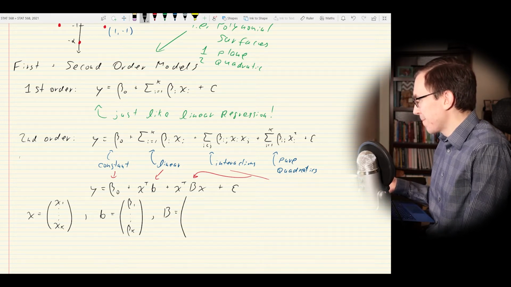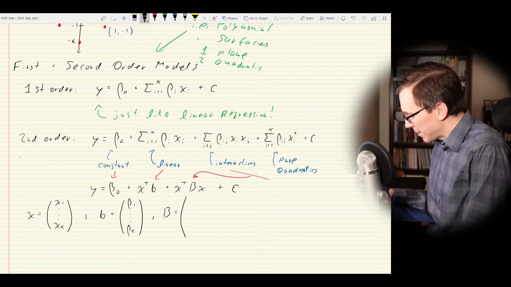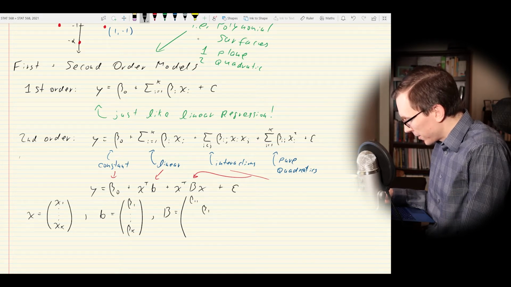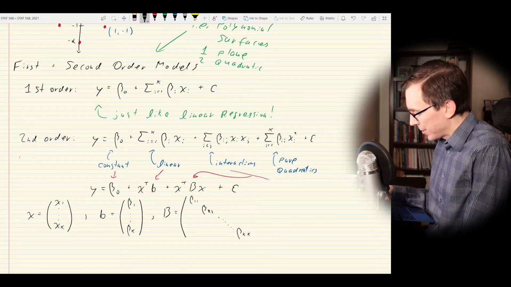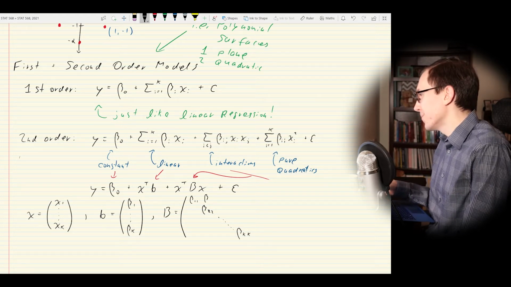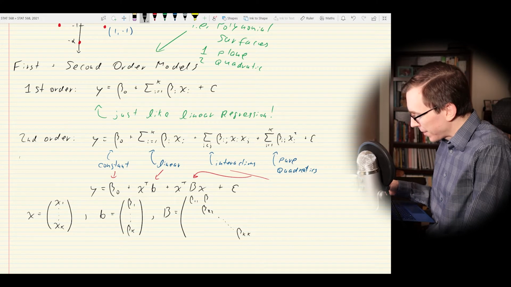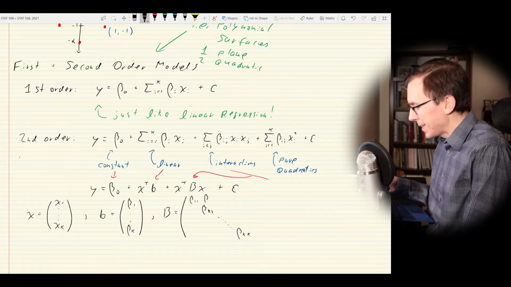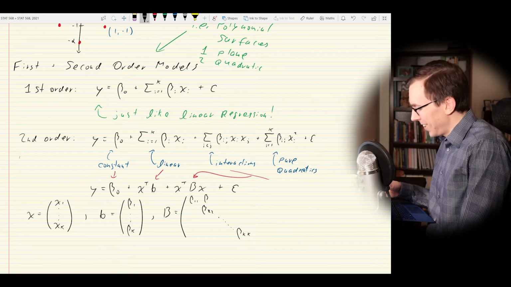In this case, I guess the diagonal entries are going to be beta 1,1, beta 2,2, all the way down to beta k,k. And the off diagonal terms, we can do it two ways.